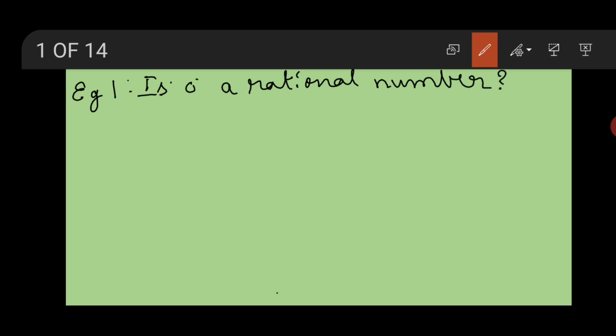Example 1. Is 0 a rational number? Justify your answer.